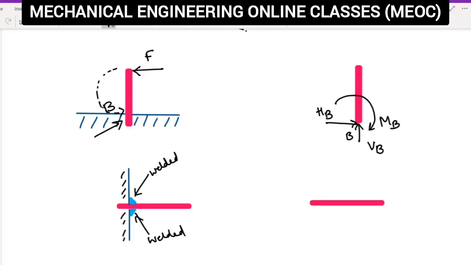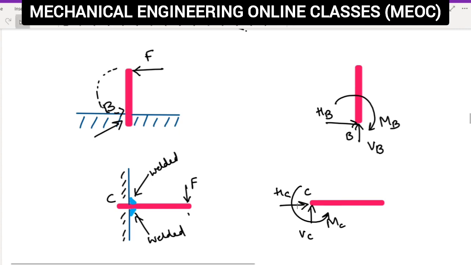So there, if at all we want to find out, suppose this point is say C, and there is a force F for example, then here also there will be a horizontal reaction, a vertical reaction, and then because F can produce a clockwise moment about C, there should be an anti-clockwise moment about this point C. So this is how we write the support reactions based on the given case.